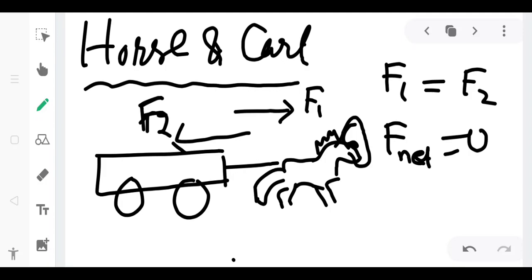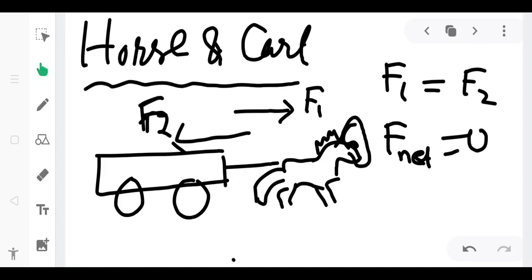When net force is 0, will the body be accelerated? For example, here the horse is applying a forward force F1 and the cart is applying a backward force F2. The combination of both is becoming 0. Then how is the horse and cart able to move forward?